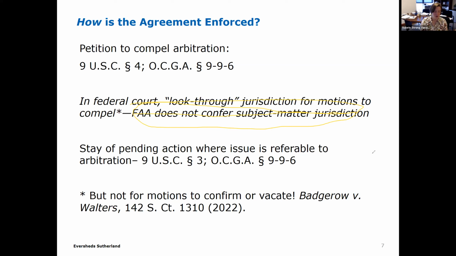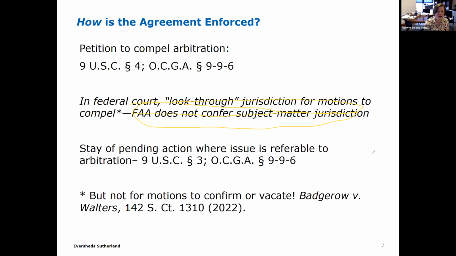We know there's a liberal federal policy in favor of arbitration, and so it sounds like the kind of thing that you can just bring to federal court no matter what. That is not the case. So don't put in a pleading or a complaint or petition that subject matter jurisdiction is conferred by the FAA. It's not.